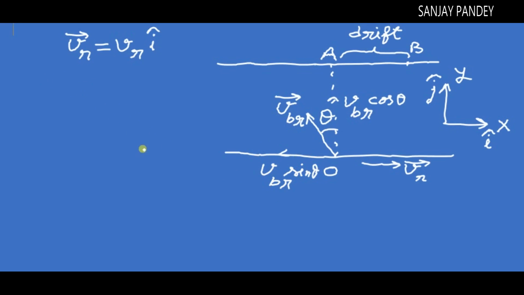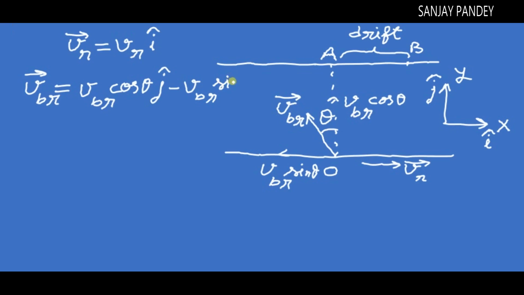So we can write VBR, the velocity of the boat with respect to the river, VBR is equal to VBR cos theta j cap, as it is in the direction of the y-axis, minus VBR sin theta i cap, as it is in the negative direction of the x-axis.